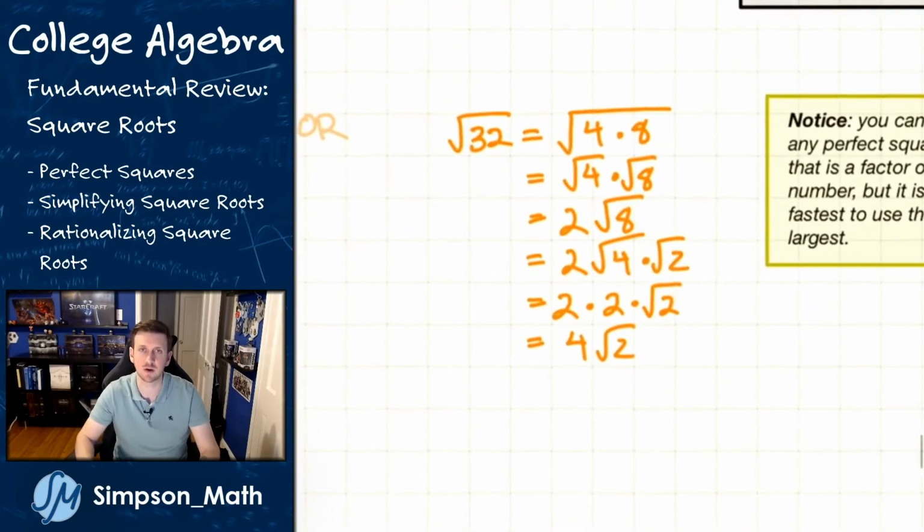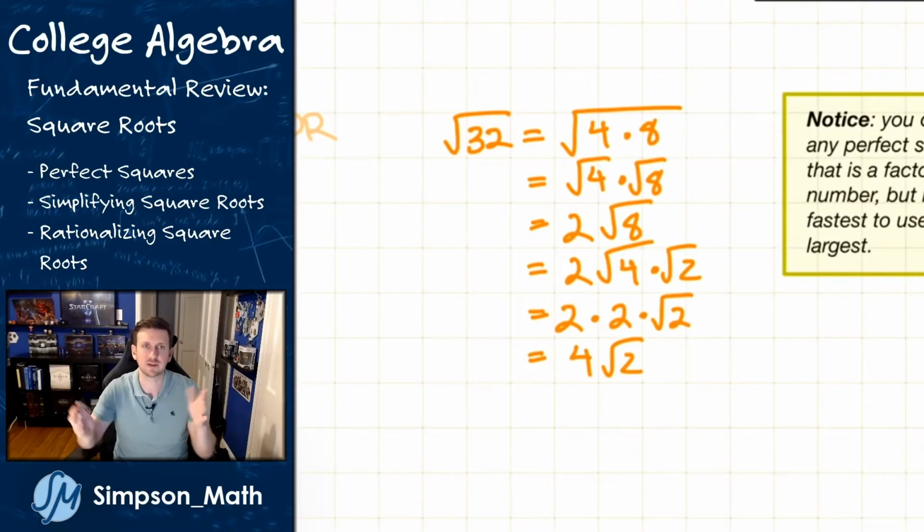So looking back at this work, if I was working this one, and for some reason I didn't come across the 16, I was like, oh, it's 4, and I see this 8. Always make sure to think, is there another perfect square? And now, since I found it, I'll go, oh yeah, there's that 4 in there. What I might do, because I'm a perfectionist, is erase and backtrack.